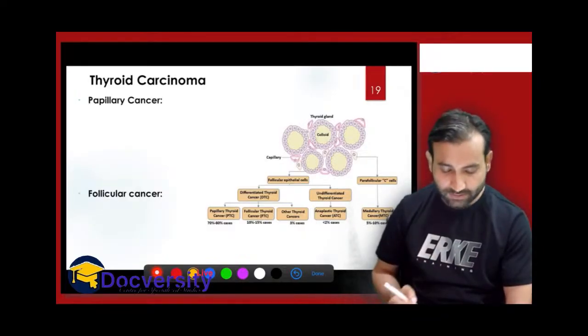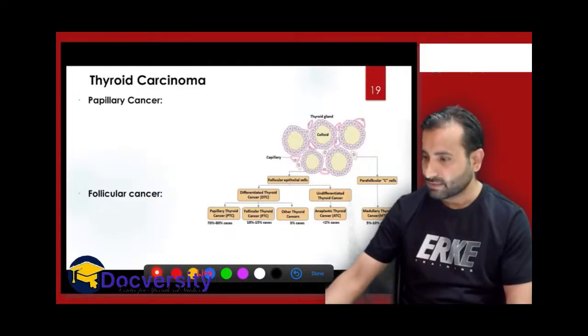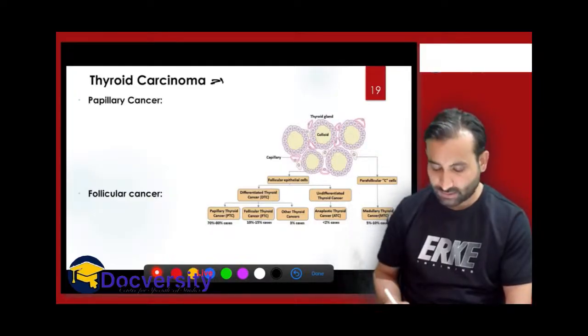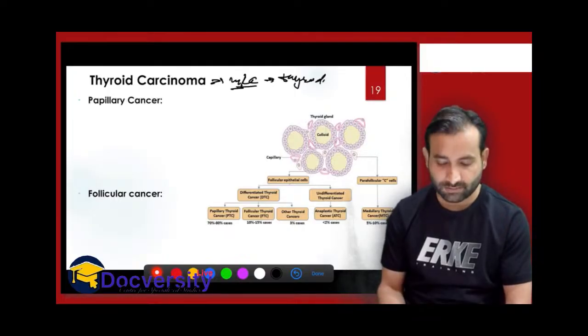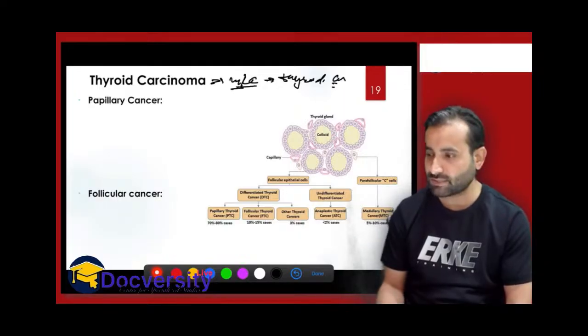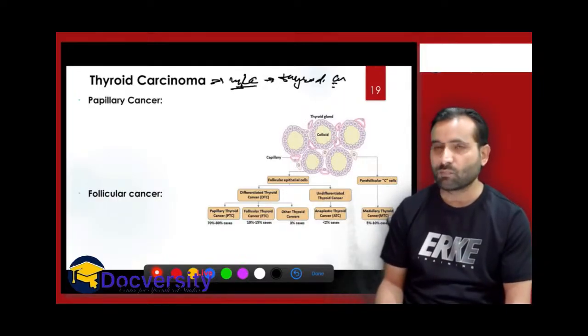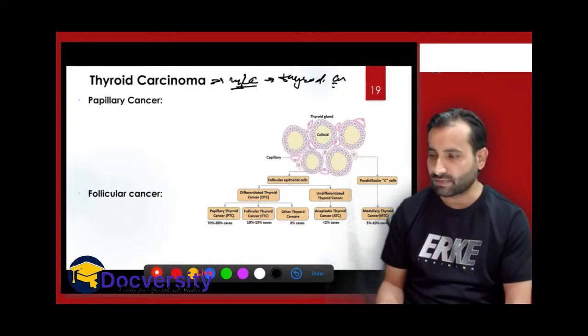And let's see the thyroid carcinoma. Most common malignancy of the endocrine system is what? That is the thyroid cancer. So thyroid carcinoma is the most common malignancy of the endocrine system.